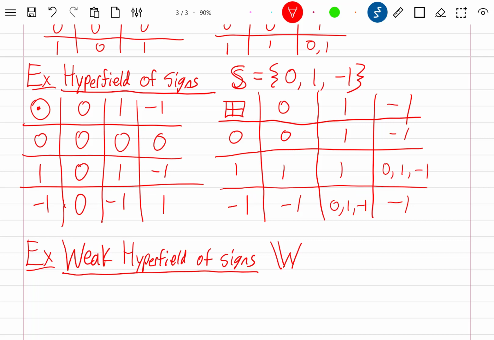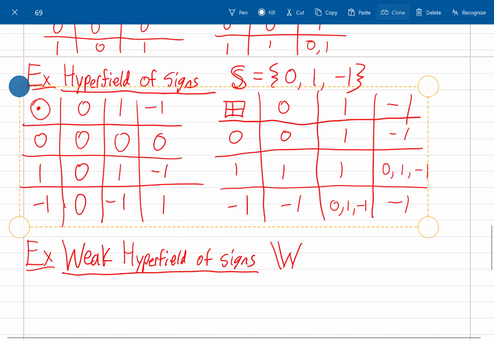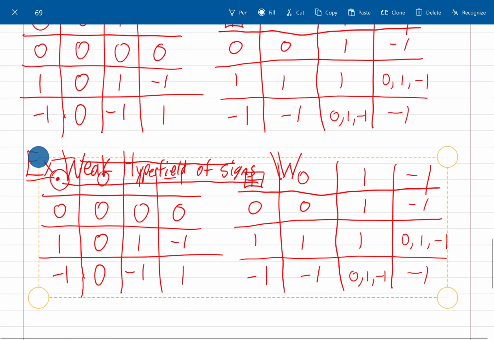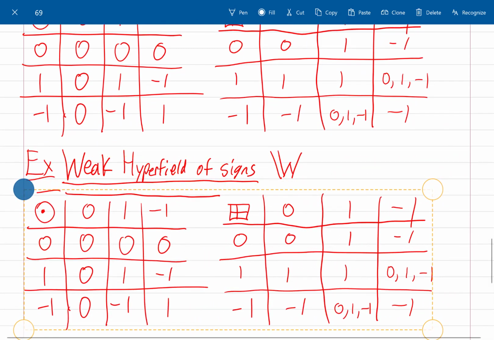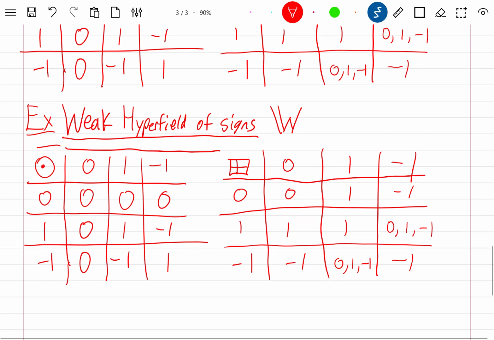What is the weak hyperfield of signs? It is exactly the same as the hyperfield of signs, so I will just copy our tables for the hyperfield of signs.